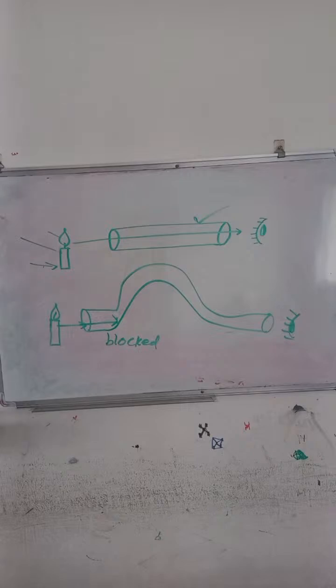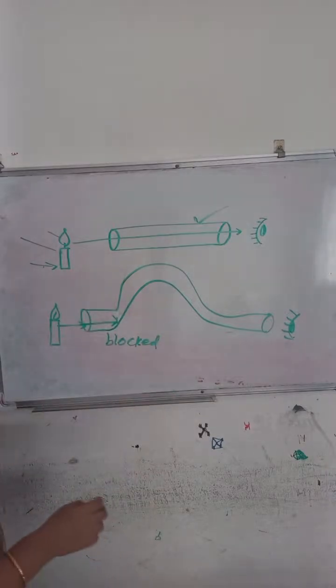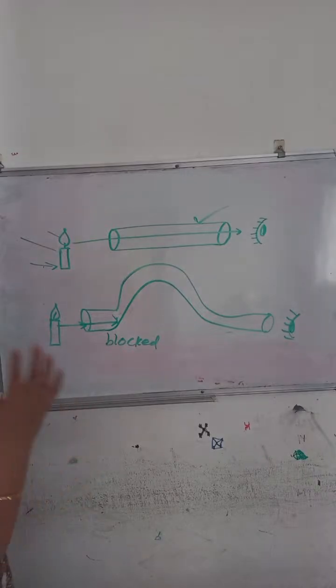If you take the same rod and bend it into a different shape, the light gets bent wherever there is a curve. This is one activity in your NCERT textbook.